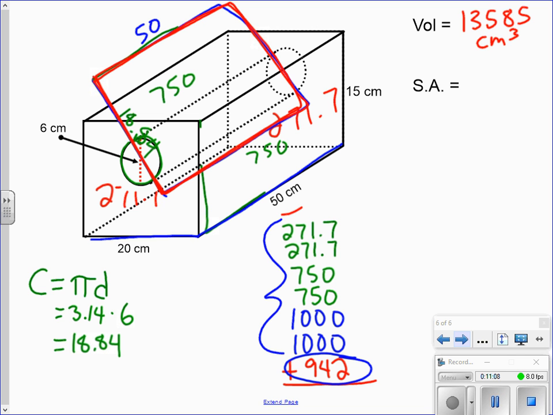So that's 271.7 plus 271.7 plus 750 plus 750 plus 1,000 and plus 942. 4985.4 centimeters squared.